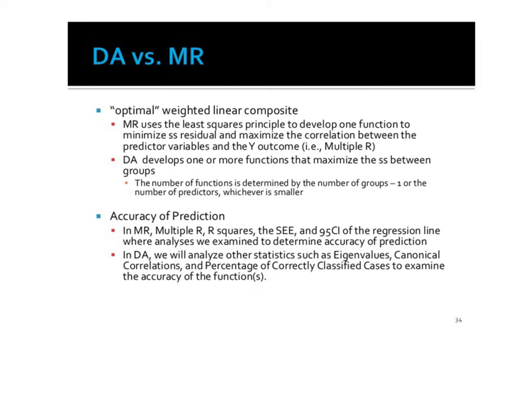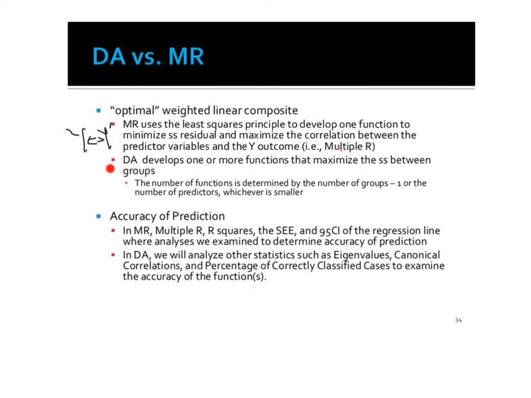Basically, what we were trying to do was increase r to be as high as possible. So y to y prime. Look at that correlation. Increase multiple r to be as high as possible, and if multiple r is high, then that would also suggest that r squared is high.